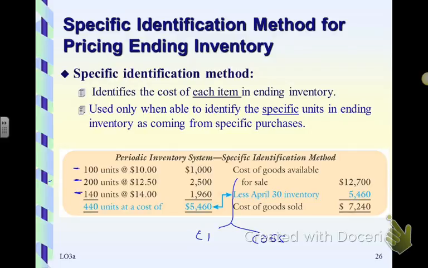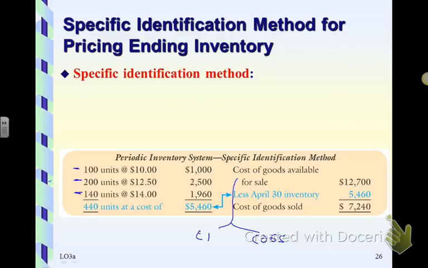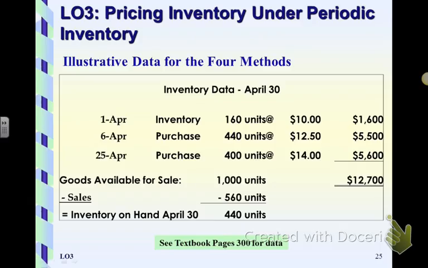And 140 units were from the April 25th purchase. So again, using this data, I have 100 units from April 1st, 200 units from April 6th, and 140 units from April 25th.